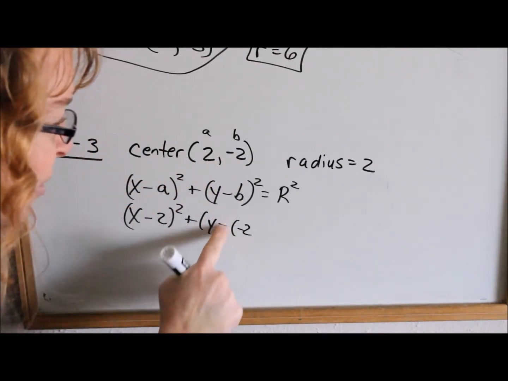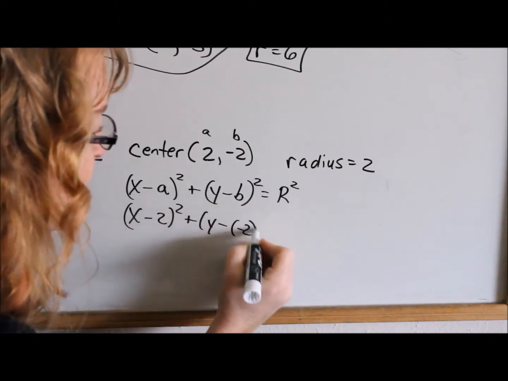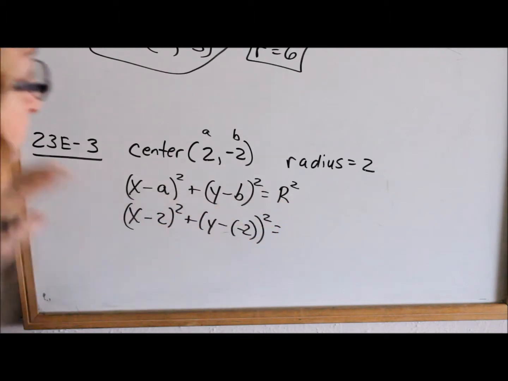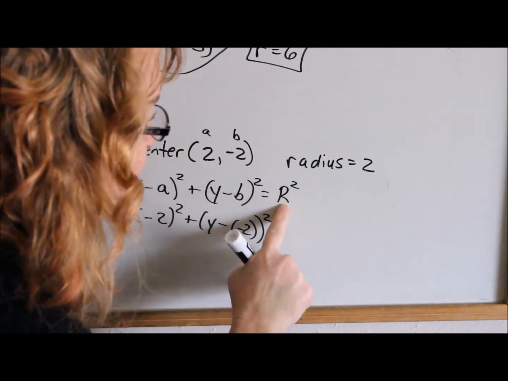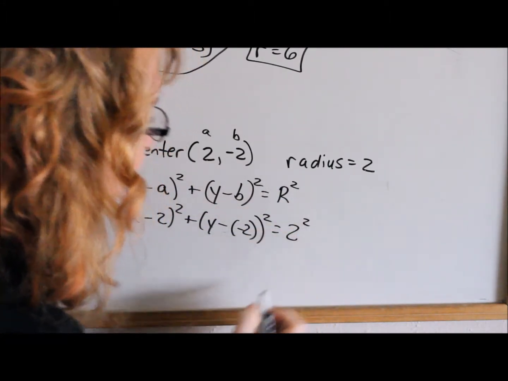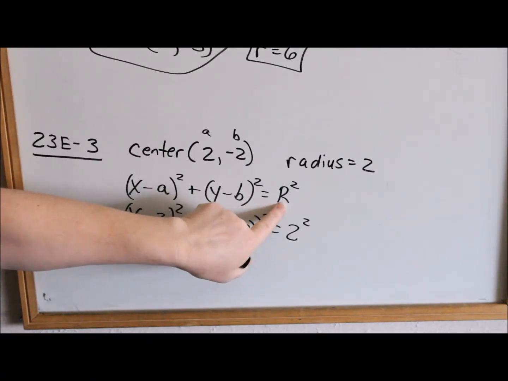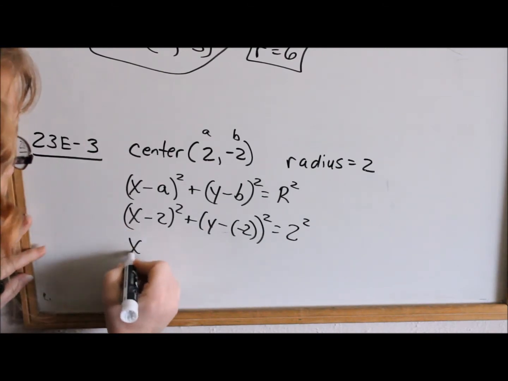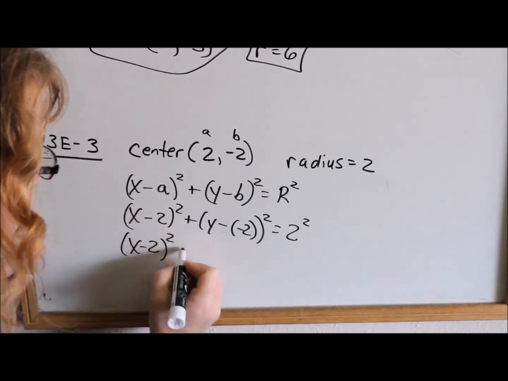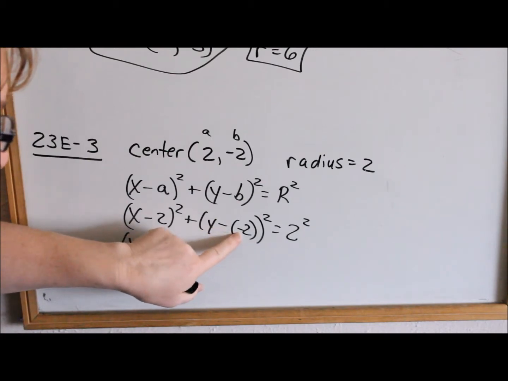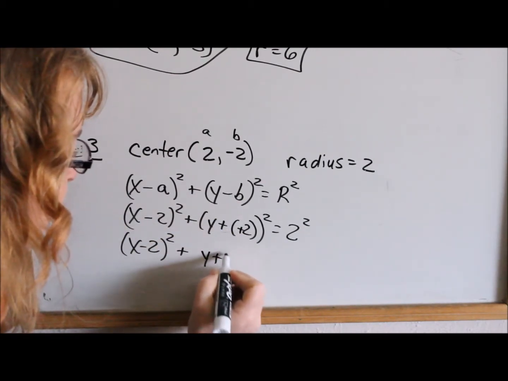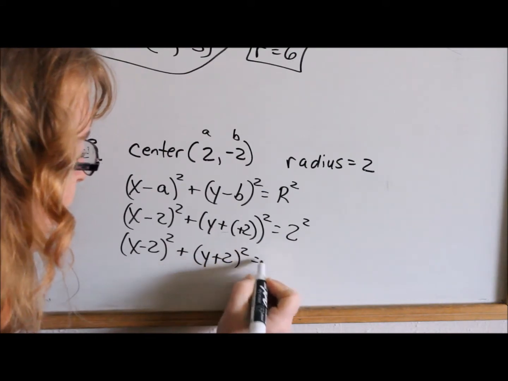You already have your minus right there for the formula, but then we're going to put in a negative 2 for b, and then our radius is 2, so then we would say, putting that in for r, 2 squared, because you put 2 in for the radius and then you have to square it. So now let's simplify everything. Nothing changes here. X minus 2 squared. When you minus a negative, what happens? It becomes a positive. So y plus 2 squared.